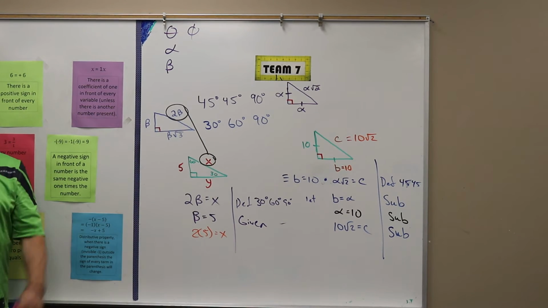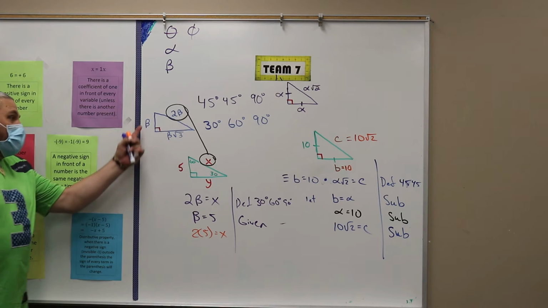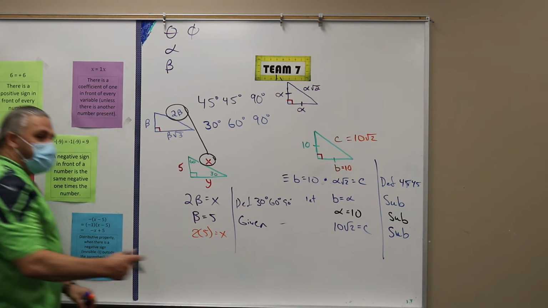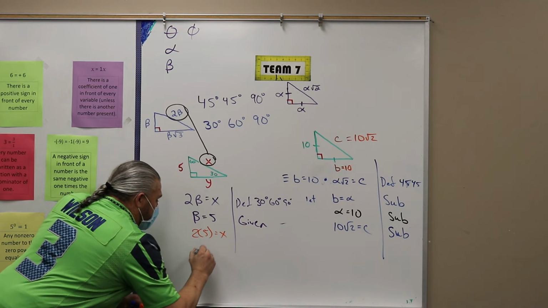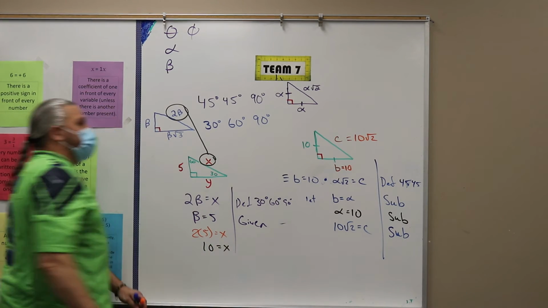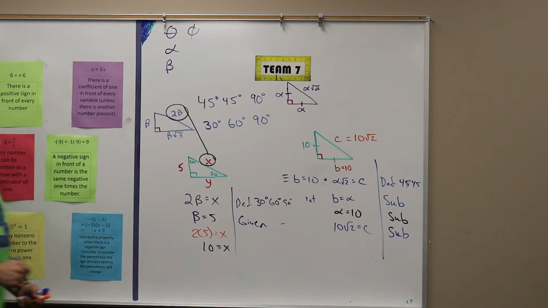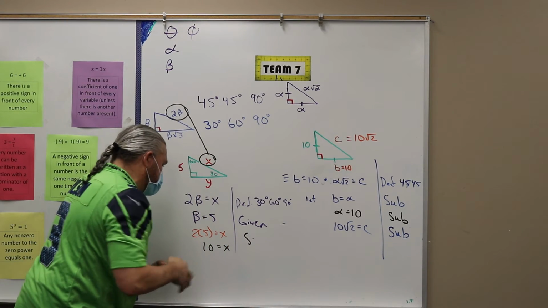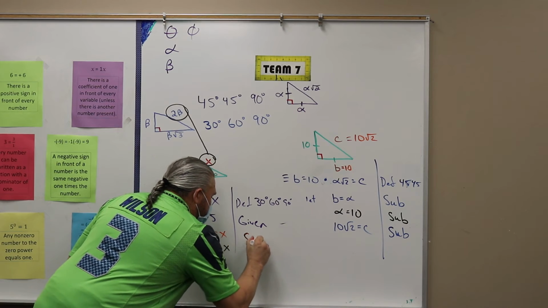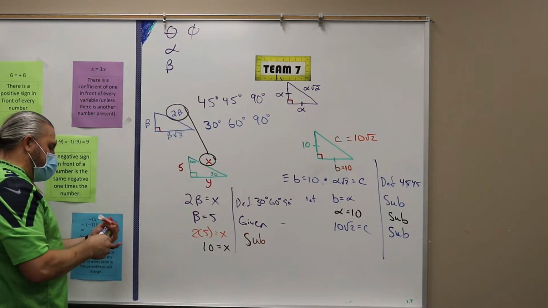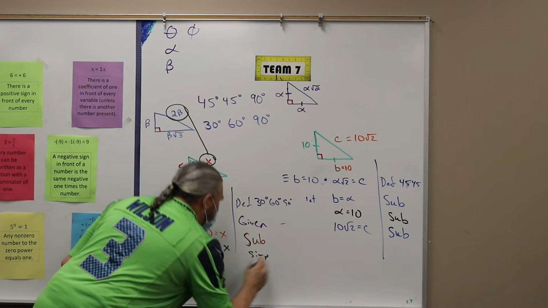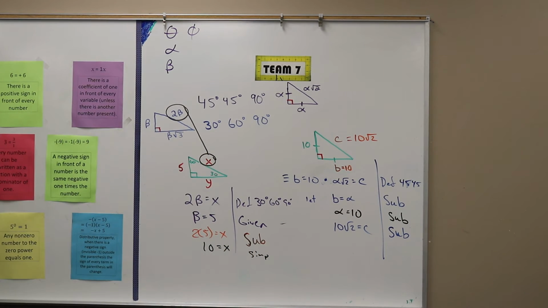They're the same thing. So if I know what beta is, I can figure it out. Does that make sense? So 10 equals x. Here's substitution. Oops, sorry, that's orange. Substitution, and then 10 is just simplifying. Okay. Then what's y?